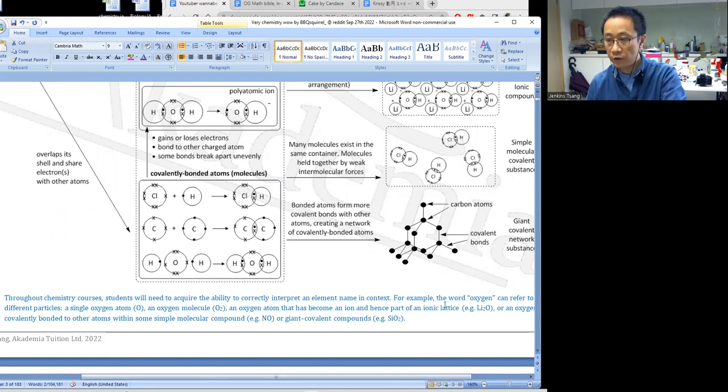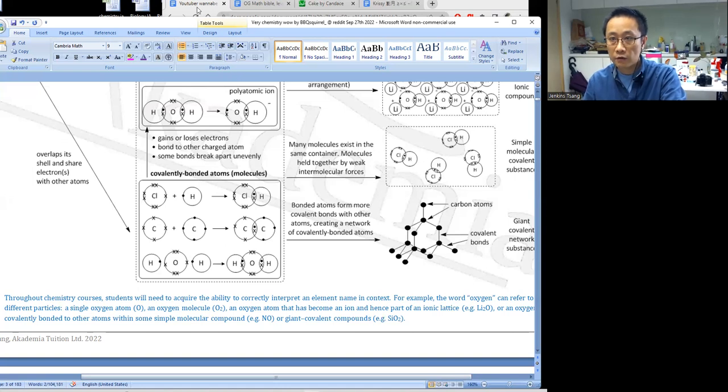Oxygen itself can refer to a sample of oxygen, and in a sample of oxygen gas under ordinary conditions, we have diatomic molecules. In a mole calculation, in an empirical formula question, where oxygen is part of a compound, whether it is ionic or covalent, we're mostly dealing with single oxygen atoms. So make sure that you can think your way through and interpret the name of the chemical element in context before you proceed with the calculation.